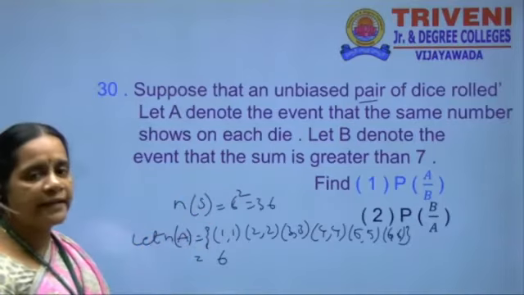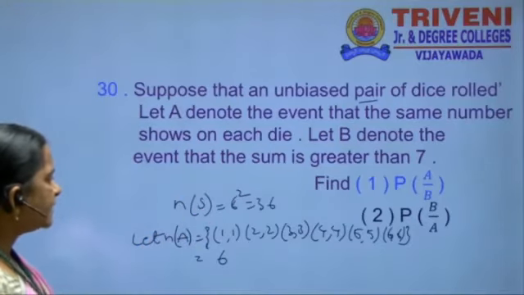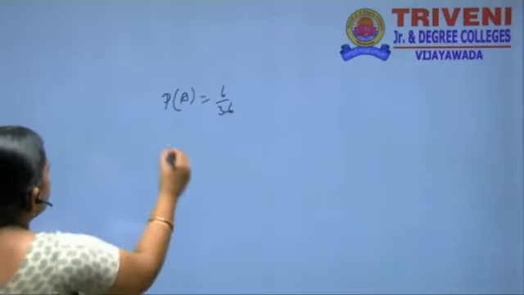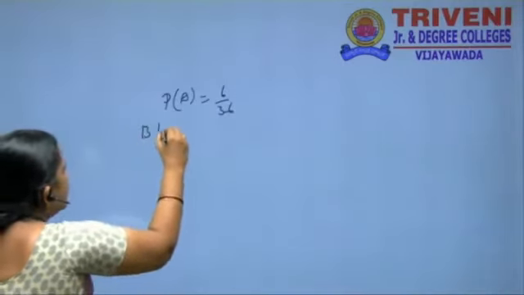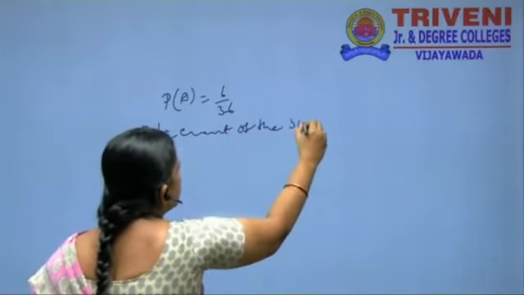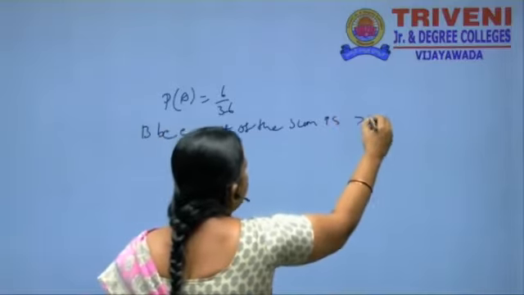B is the event of getting the sum greater than 7.